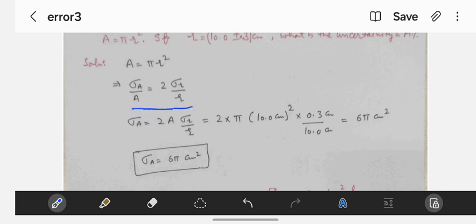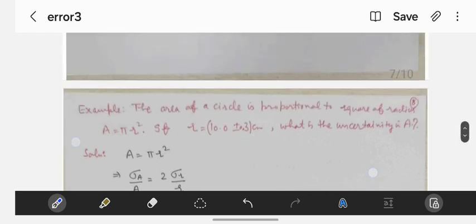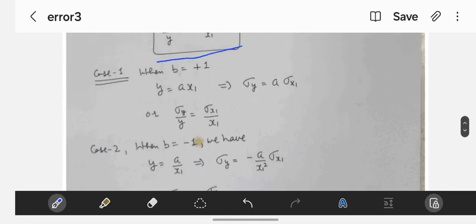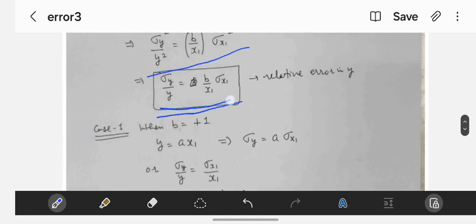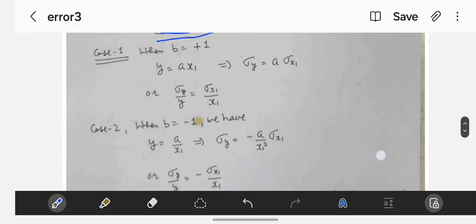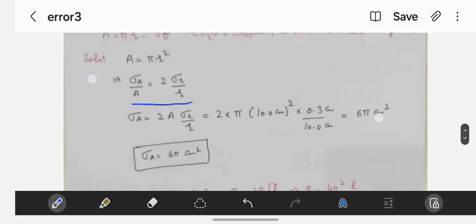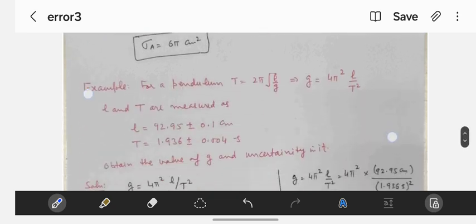From here we know that this power came to the front, and it is given by the formula sigma y by y equals b sigma x1 by x1. If the power is b, then it will be 2 del r by r, and sigma A equals 2A times that. Now put in A and find the answer.